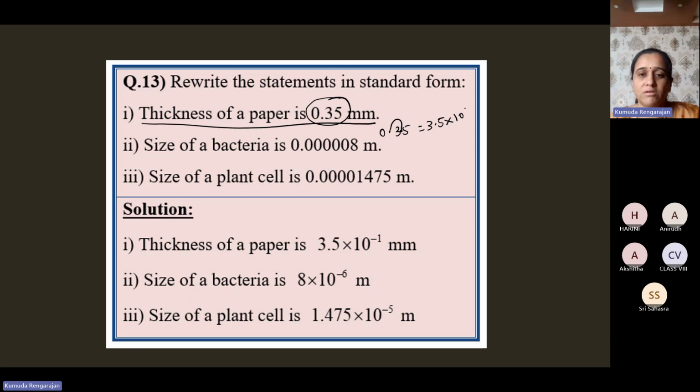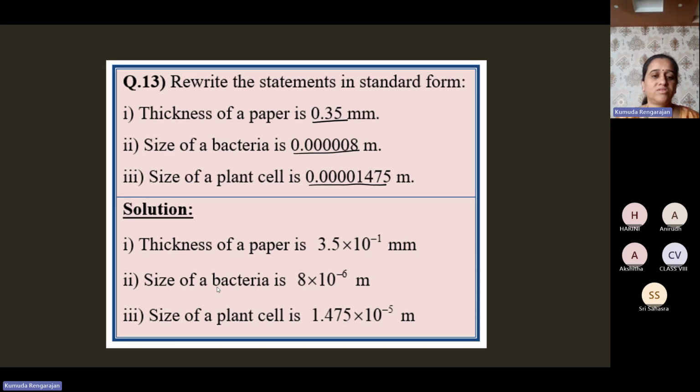So power minus 1 or plus 1? You have increased the value of the number, so negative power. So everywhere you'll have to rewrite the statement by changing this number to the standard form, which is also called the scientific notation.